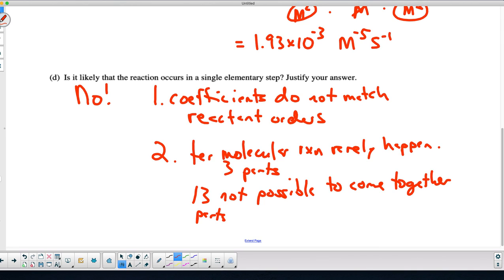There's just too many pieces that would not fit together. Those are my 2 explanations for why it is not likely. So it's definitely not likely that the reaction occurs in a single elementary step.